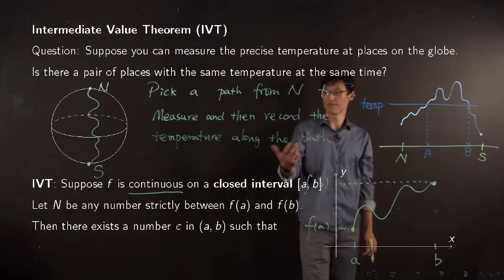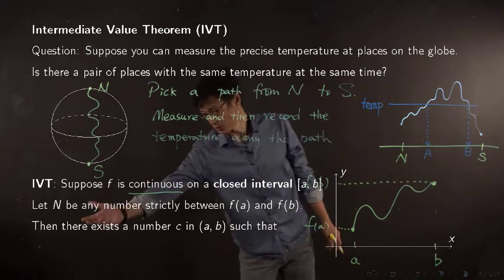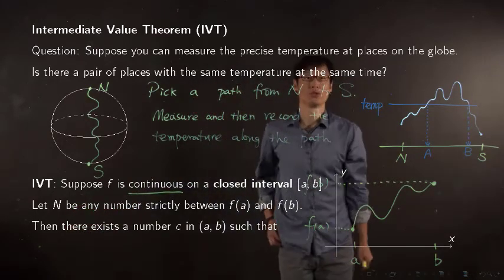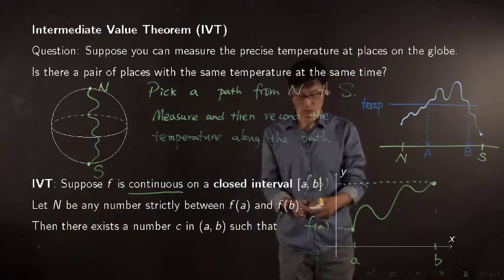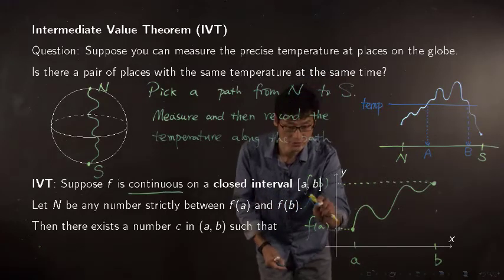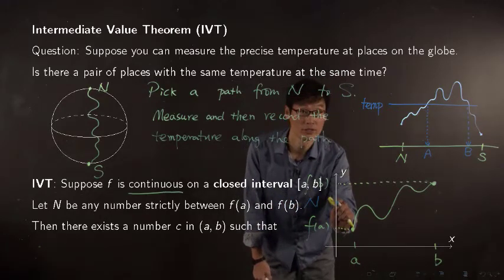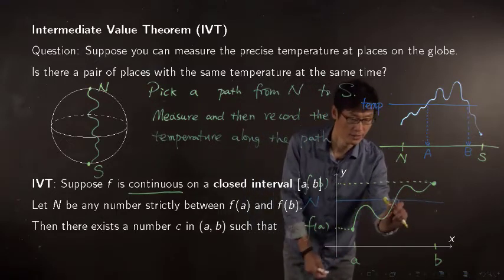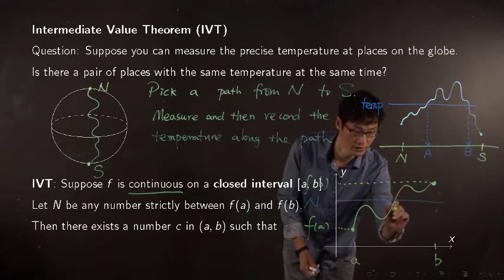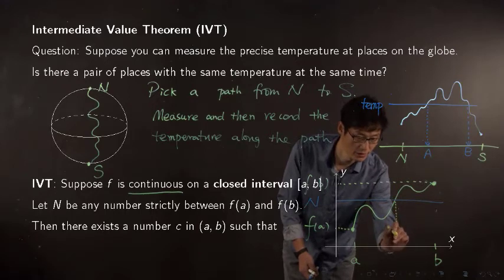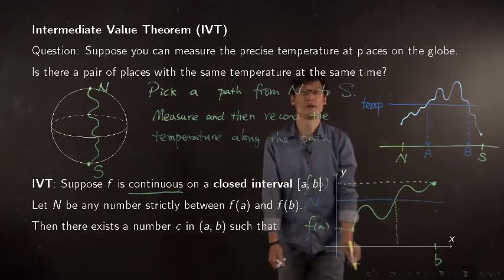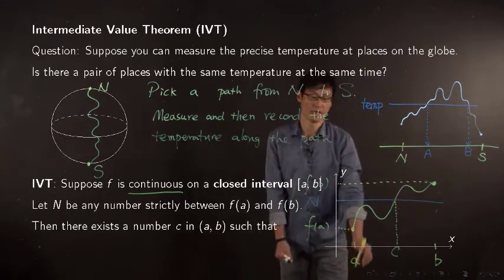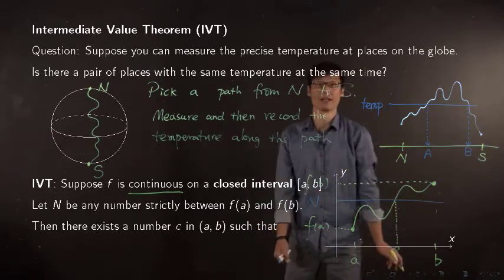So then you can pick any number n between those two. So say your number n is somewhere here. Then you draw horizontal line. Then you can find number c inside this closed interval so that f of c is exactly n.